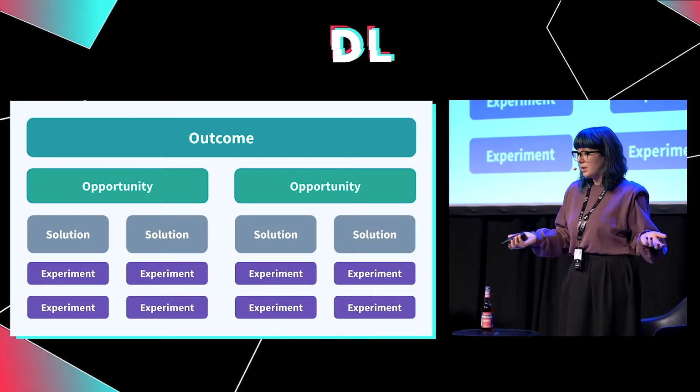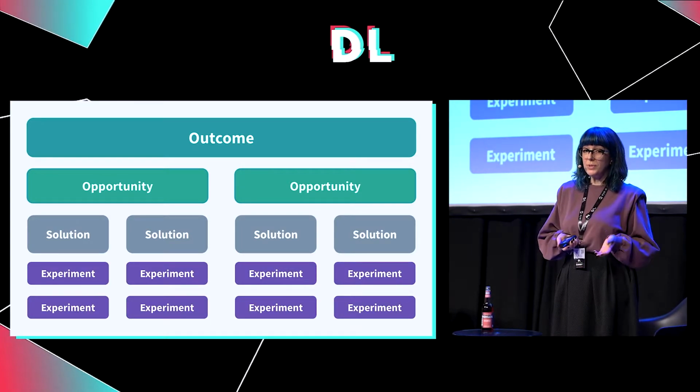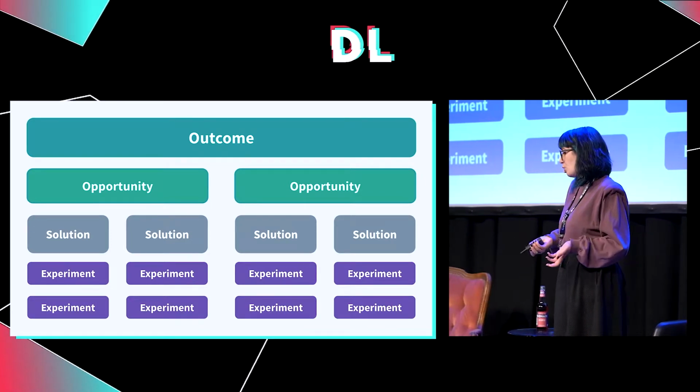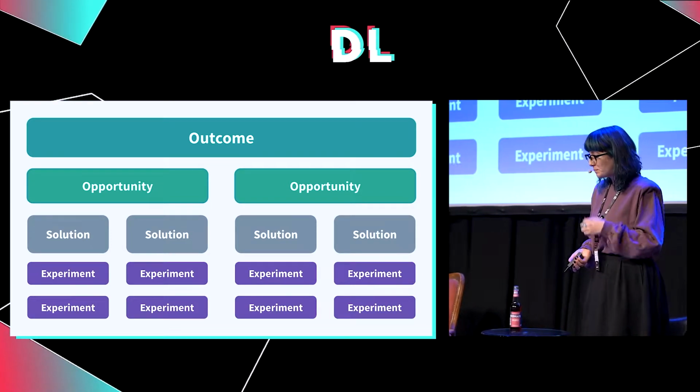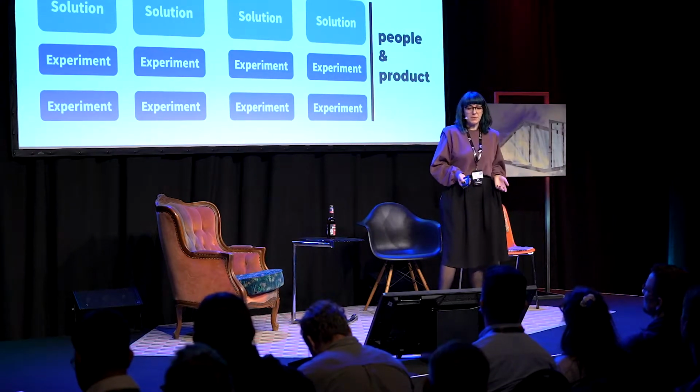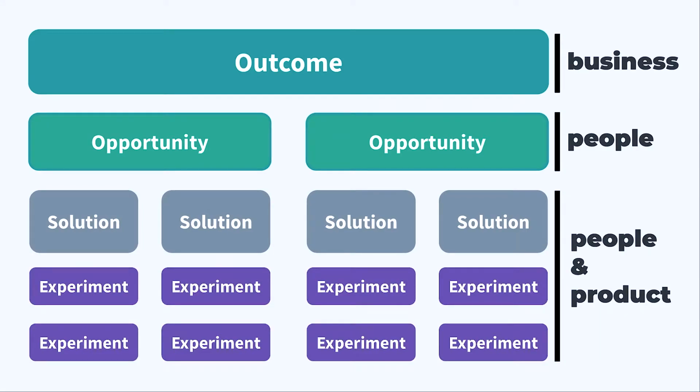And last but not least, experiments. They help us decide which solutions are worth solving and which we should rather skip. Outcomes are about the business, opportunities about people, and solutions and experiments connect people to the product.